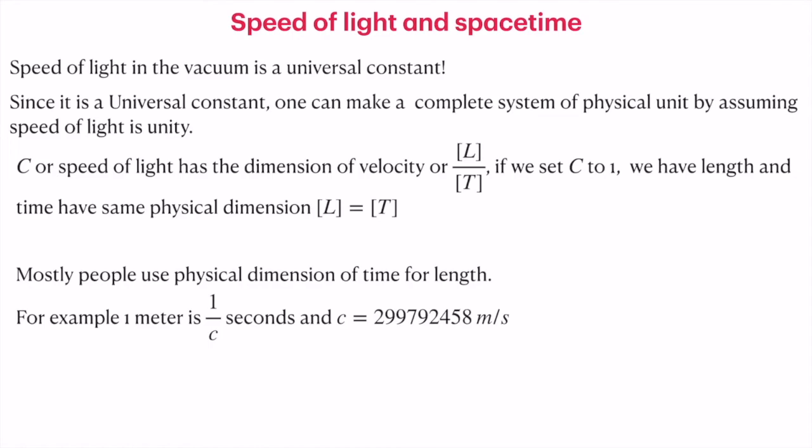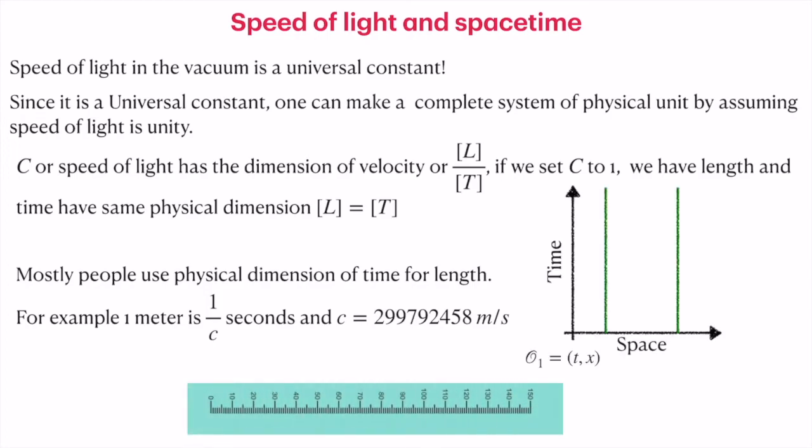Since the velocity of light is a universal constant, you can redefine the unit of 1 meter as the distance traveled by light in 1 by c seconds, where c is equal to 299792458 meters per second. It is done by measuring the distance traveled by light in a given time unit. You start your clock, send a light beam, and it propagates for about t equal to 3.3356 nanoseconds, and that would be 1 meter. So this is the new definition of a meter.